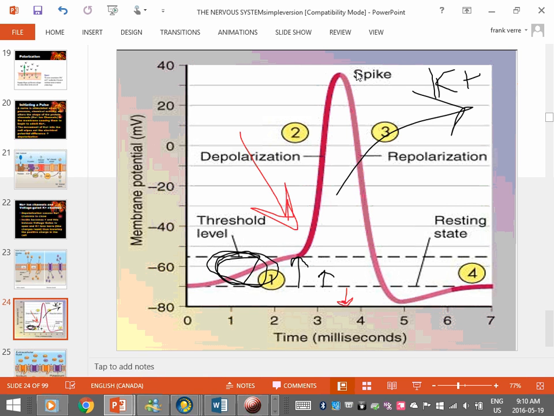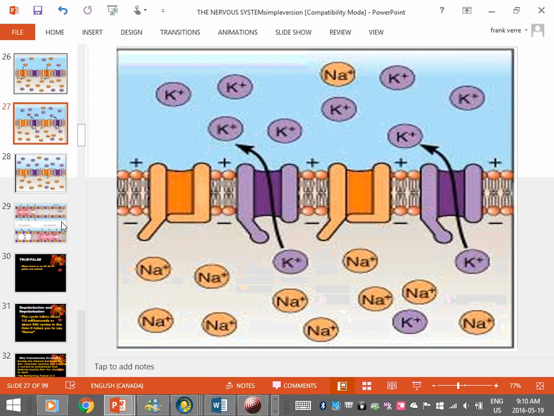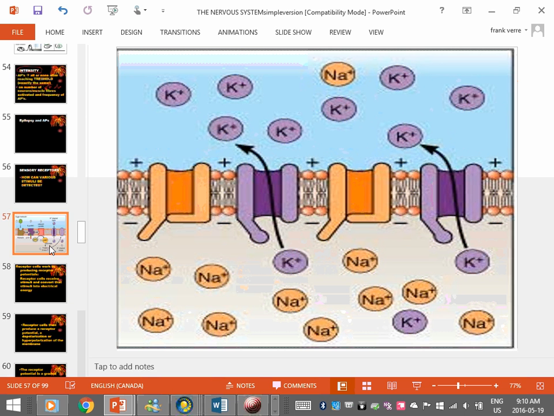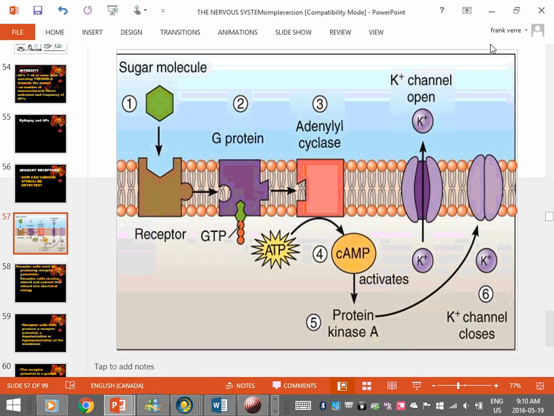And for sodium, the sodium voltage gate opens when it's about negative 55. But there are other gates. Those aren't the only gates in neurons. So there are gates that are not controlled by the voltage.